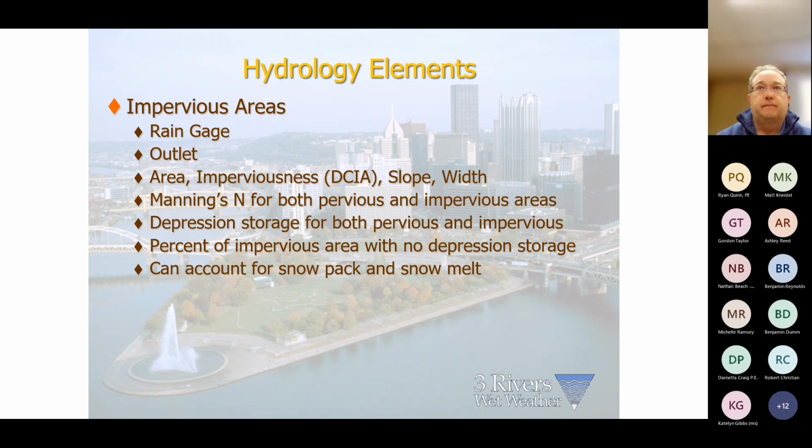That should change the hydrology of that area. So things that are easy to calibrate and which are sensitive to flow are slope, width, and area, and percent imperviousness. That third bullet.